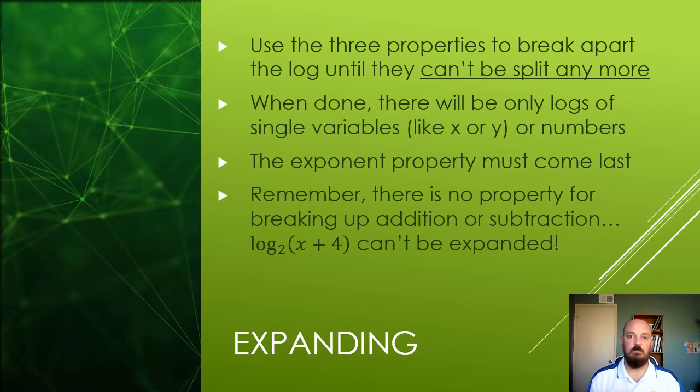That's as simple as it can be. A common mistake is people try to break that up. They'll say, okay, that's the log base 2 of x plus the log base 2 of 4. And that's not right. We don't have an expanding property for adding or subtracting. So what you see right here is finished. Leave that alone. That cannot be split any more than it already is.